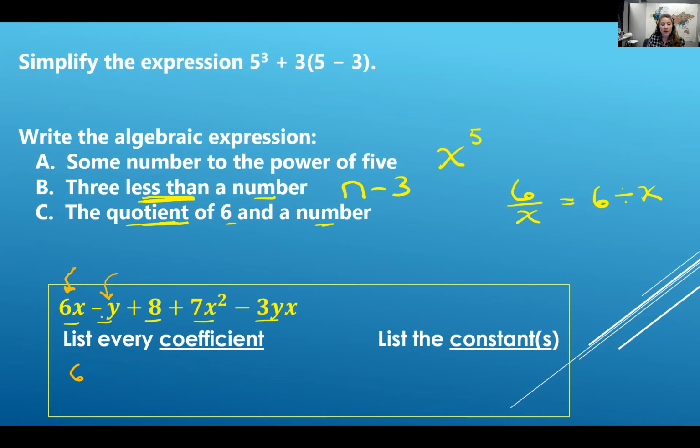But this isn't a positive 1. It's a negative 1. So be careful when it's a negative 1 or positive 1. 8 is not a coefficient because it's not attached to a variable. 7 is a coefficient because it's attached to a variable. And what is this one? Negative 3. And then it wants the constants, which is only one constant, and it's a positive 8.